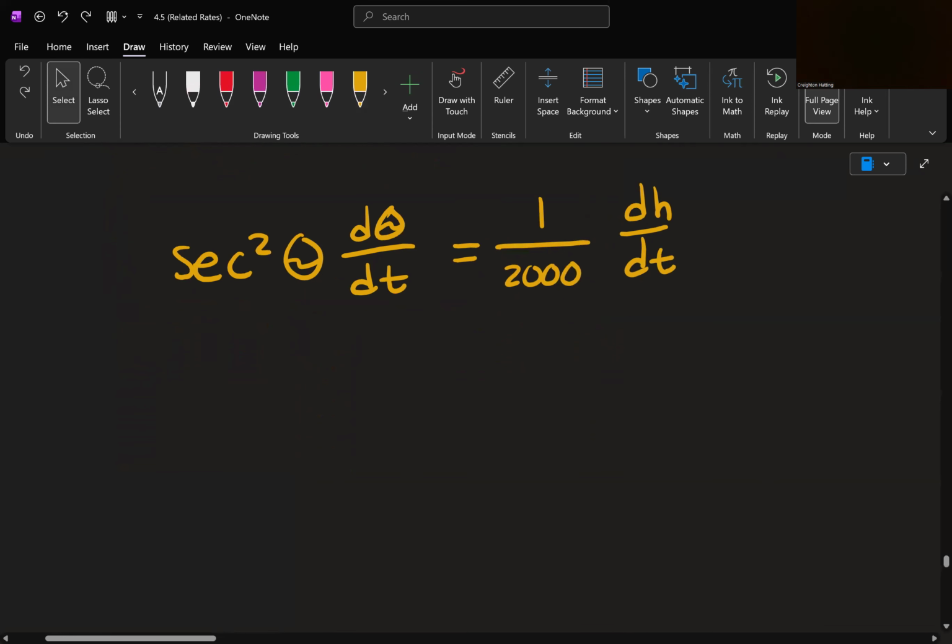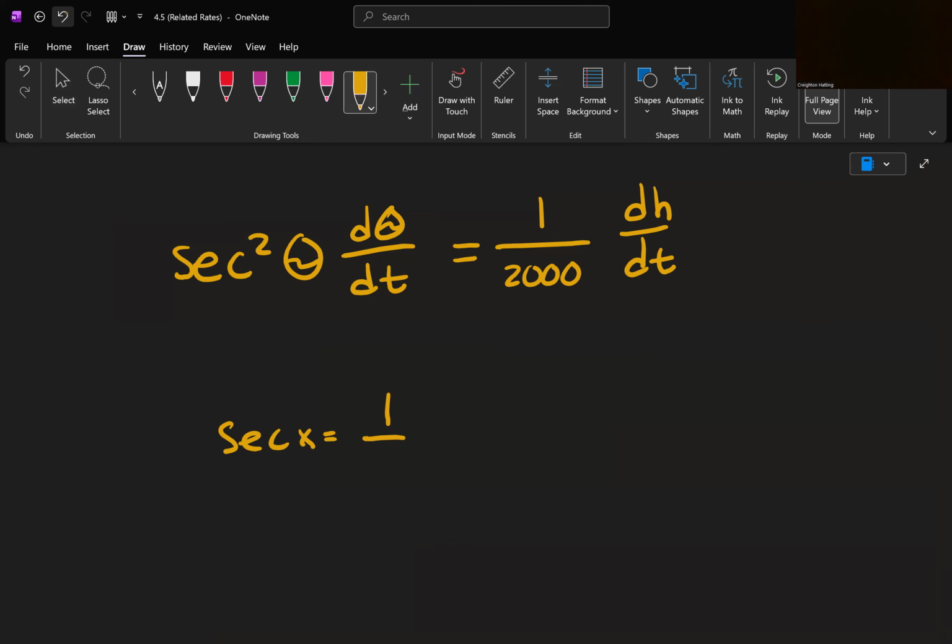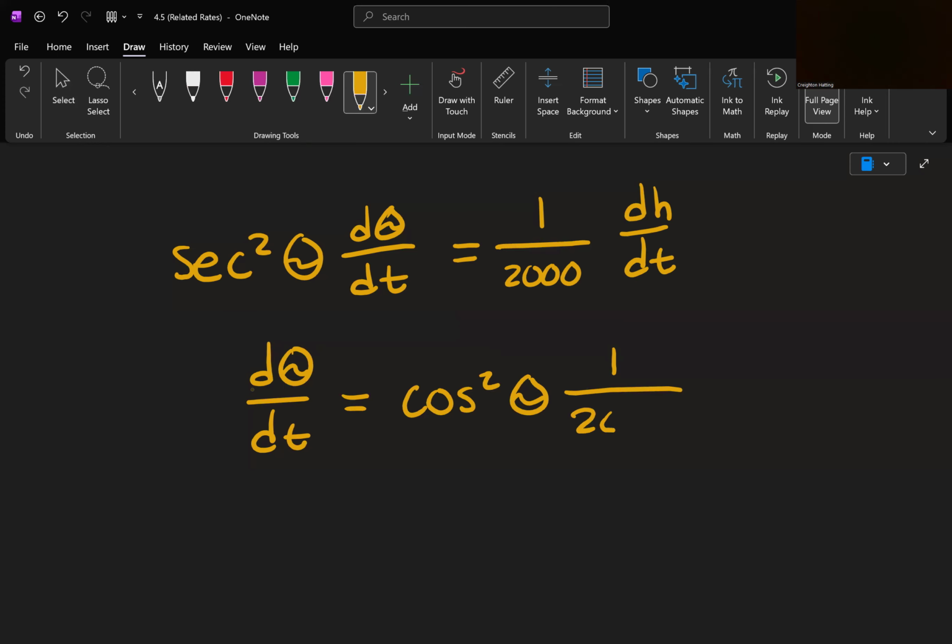If you recall that secant of x equals 1 over cosine x, then it is easy to see that I could multiply this side by cosine squared and move the secant squared to the other side, in effect. dθ/dt would be all by itself if it's equal to cosine squared theta over 2000. I'm just going to leave the 1 over 2000, and then I'll write the next step, dh/dt.